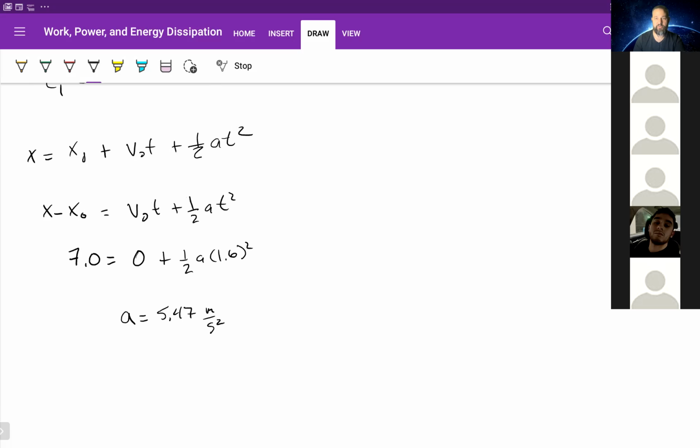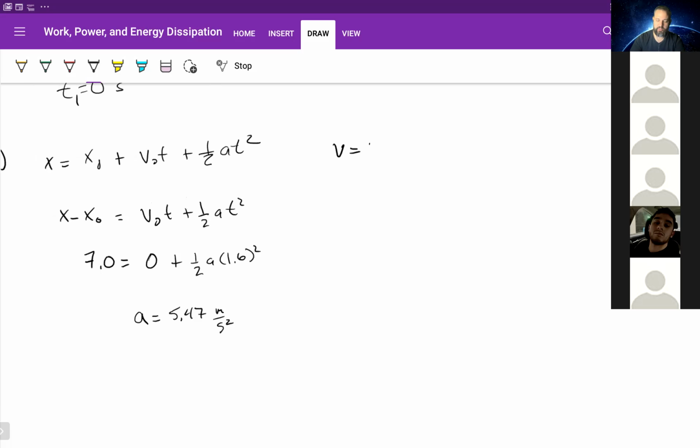And then the same for the velocity, we have to use our kinematic equations. So we're going to have v is equal to v naught plus at. Obviously we can't forget this stuff because everything builds on itself in physics. You can't forget the first stuff just because we're in work and energy now, right? So you still have to use these things. We're looking for v, we're given v naught.